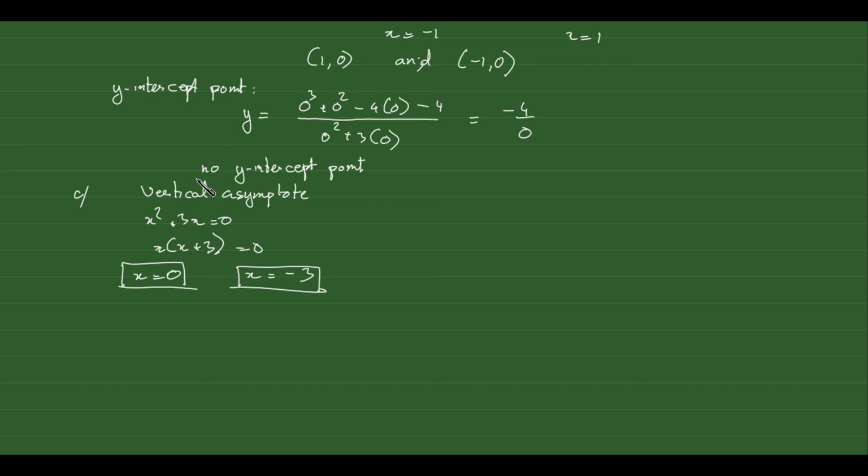Nope, because the degree of the numerator n equals 3 is greater than m equals 2. So no horizontal asymptote. Instead, we have a slanted asymptote, because the degree is greater by only 1. So we're gonna do the slanted asymptote.